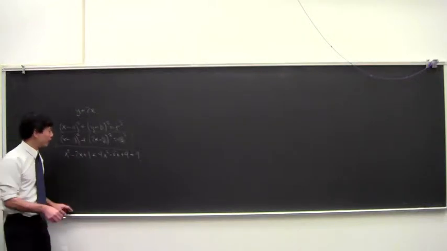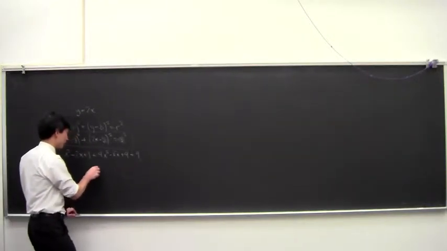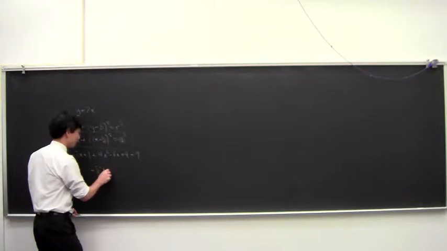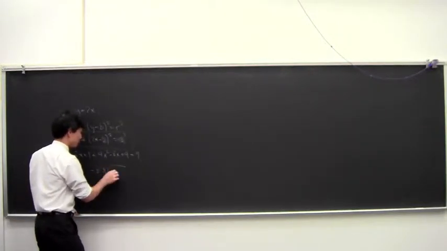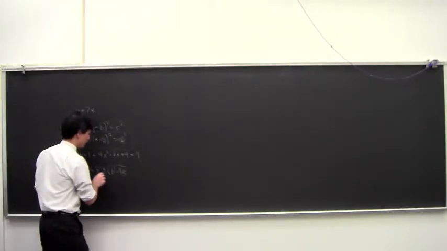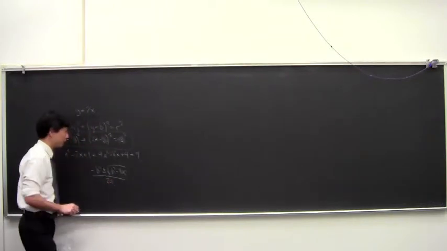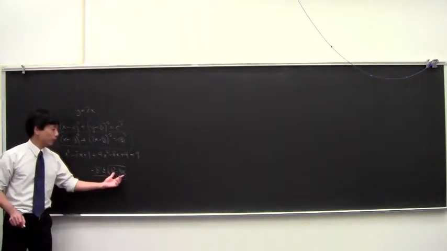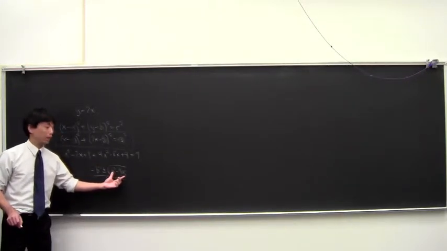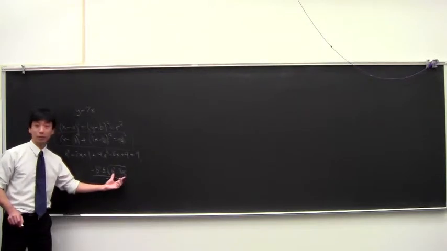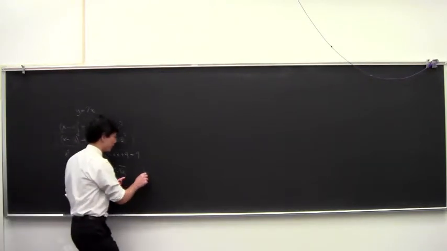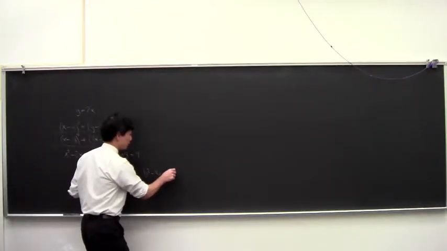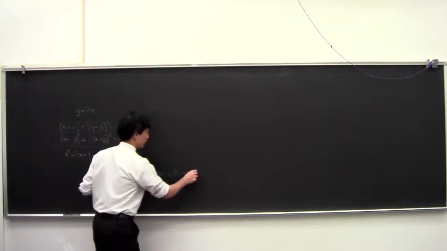You do the quadratic formula, negative b plus or minus the square root of b squared minus 4ac over 2a, right? Depending on what's inside the square root, if b squared minus 4ac is a negative number, then there are no real solutions.